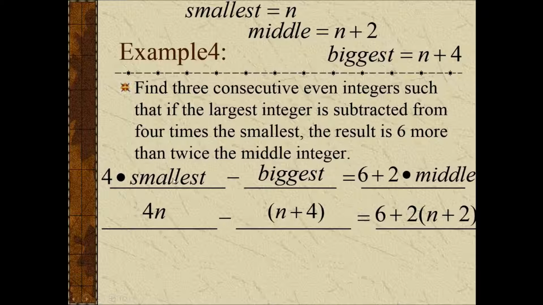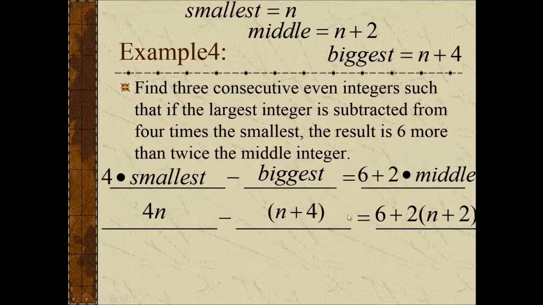So I'm going from a paragraph to a sort of quasi-algebra, a little bit of English, to a completely algebraic equation. It's one of the strategies that you can use as you solve word problems.